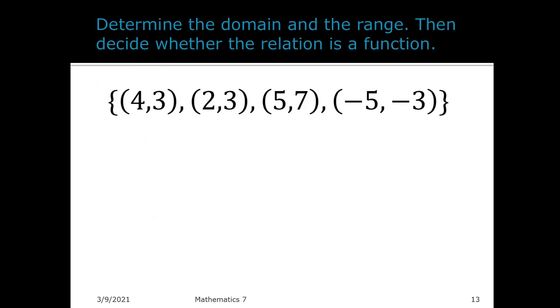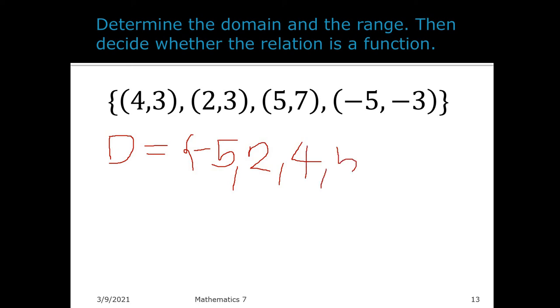So let's try to determine the domain and the range, then we decide whether the relation is a function. Let's start with the domain. We list down, starting with the smallest, -5, then 2, 4, and 5.